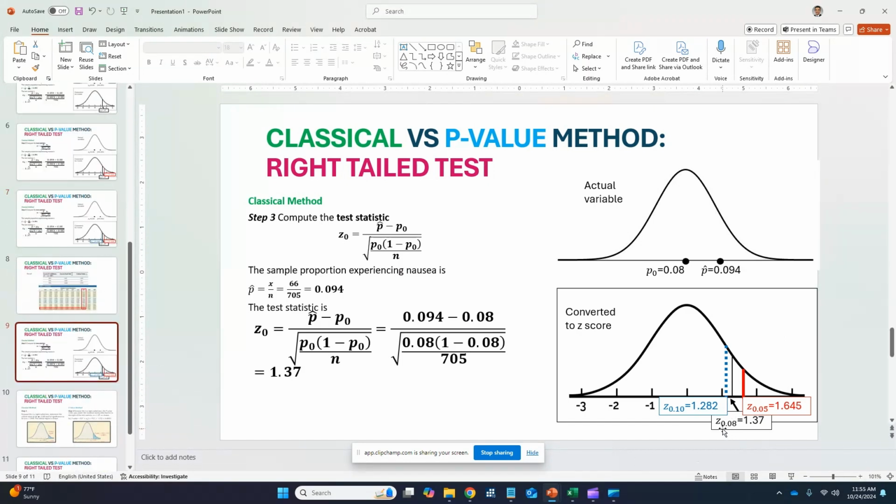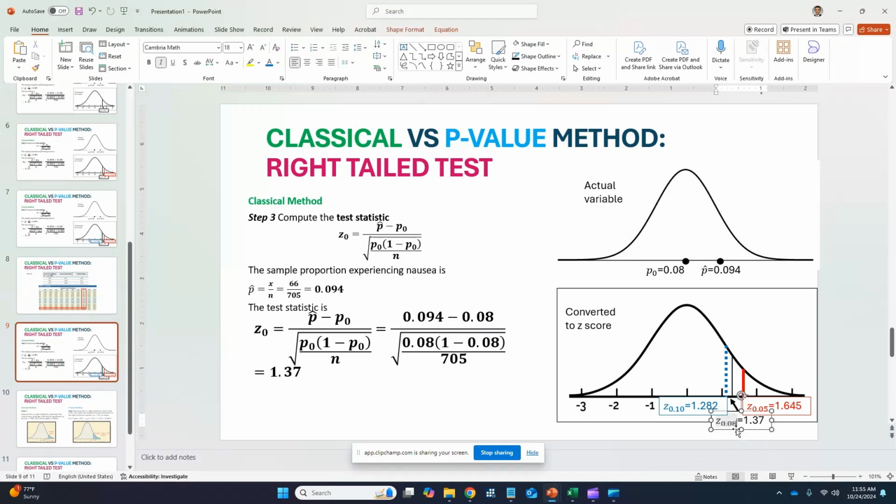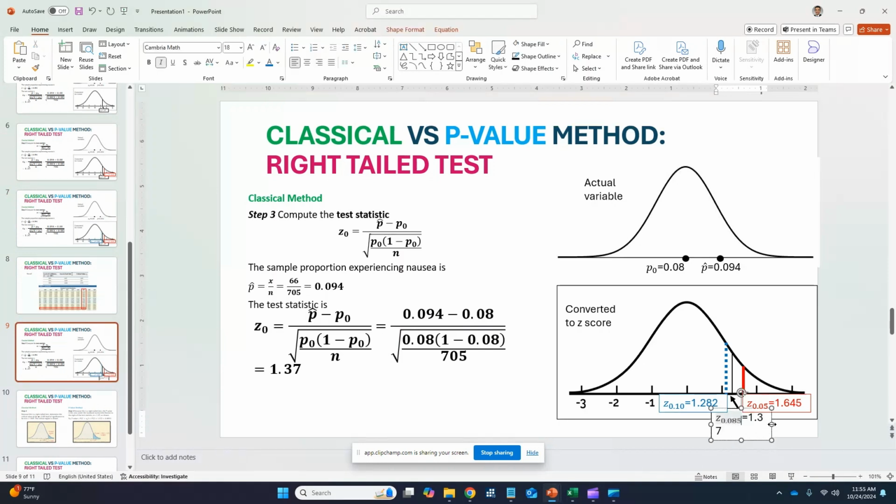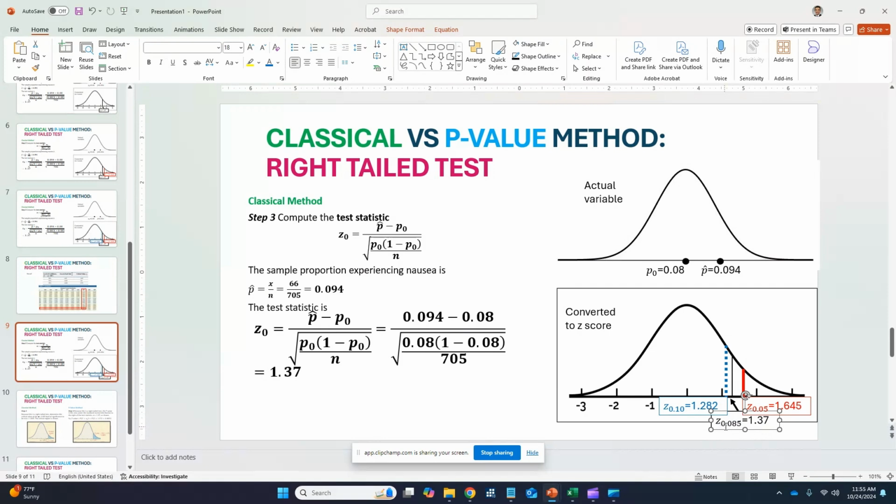So let's write 0.085 in this z-score. That means this area is 0.085 and this z-score is 1.37. That means with a 0.085 level of significance, or 91.5% level of confidence, we can reject the null.